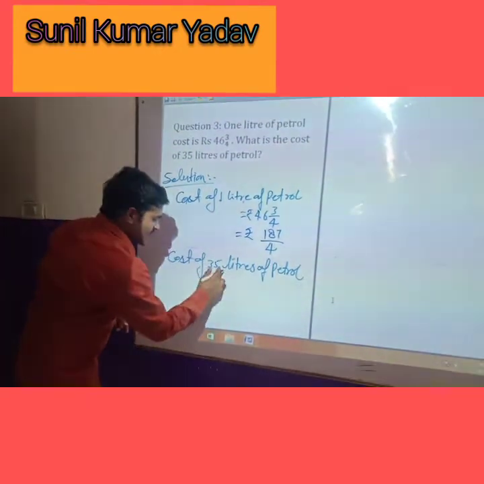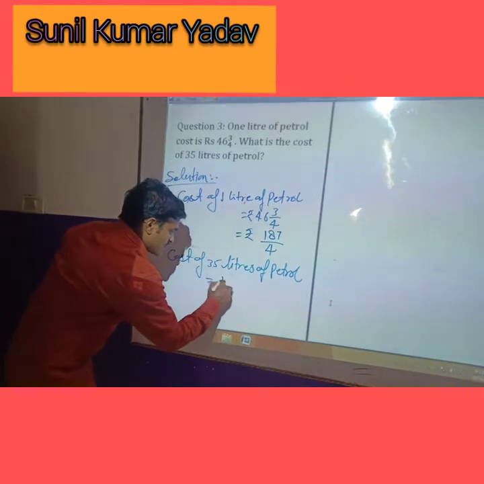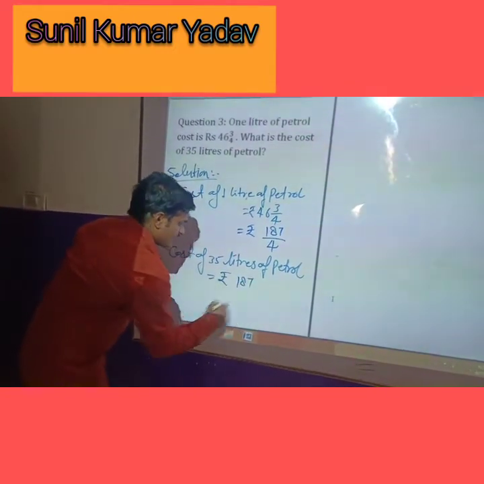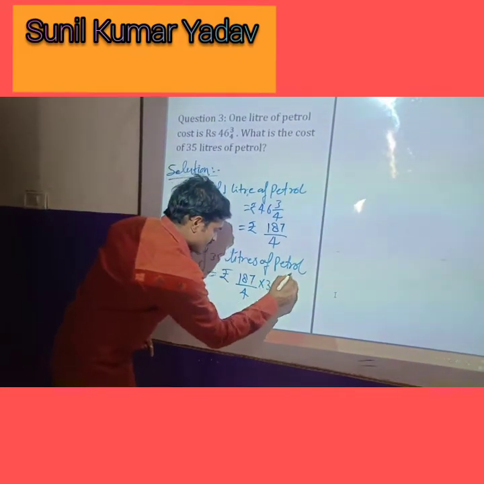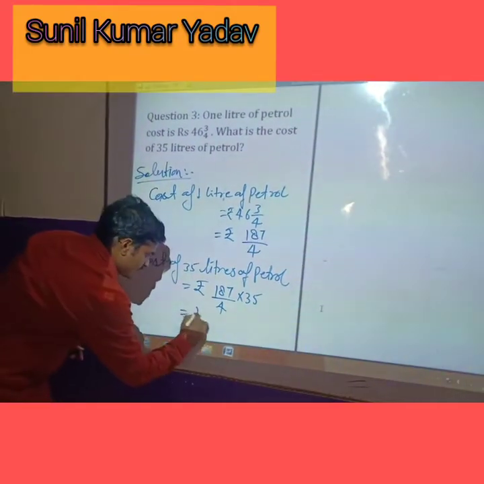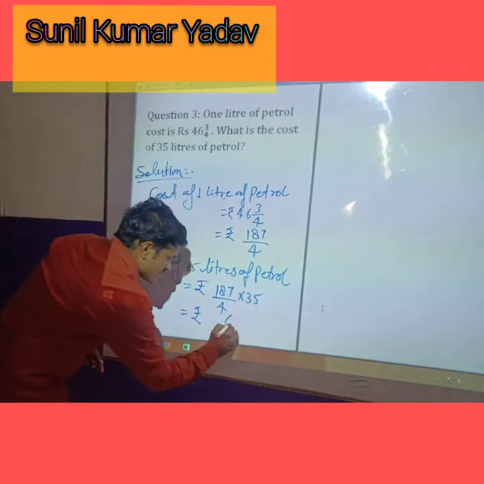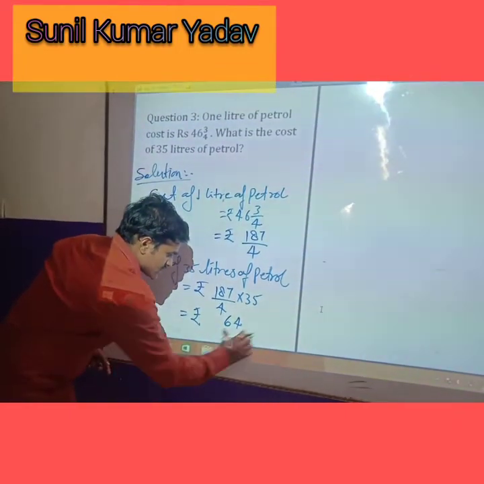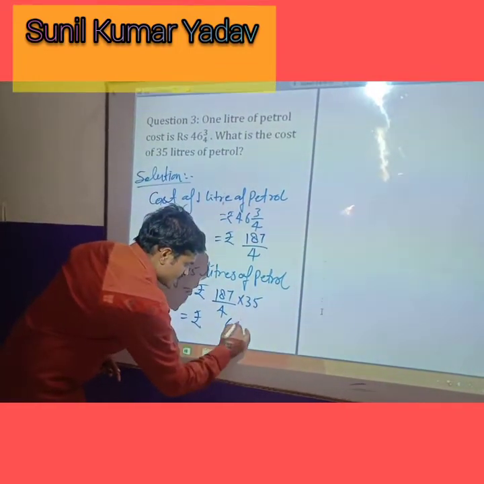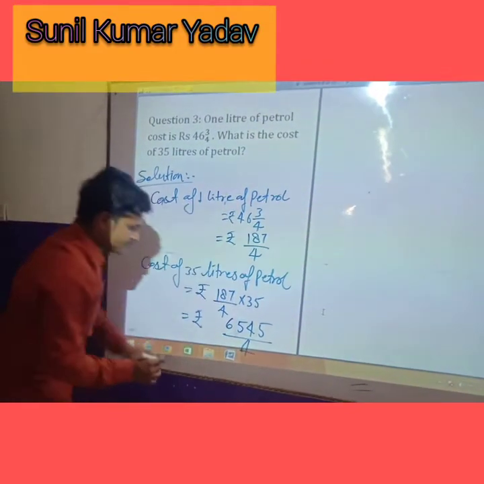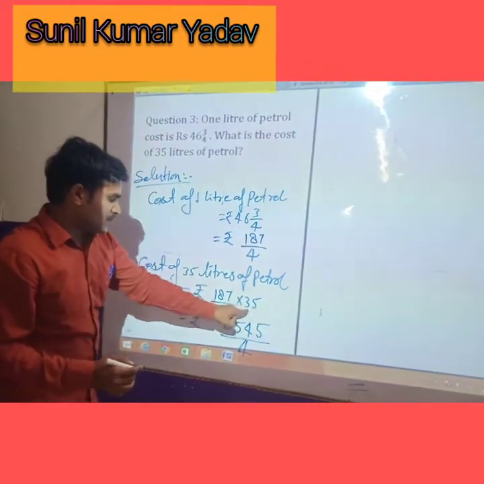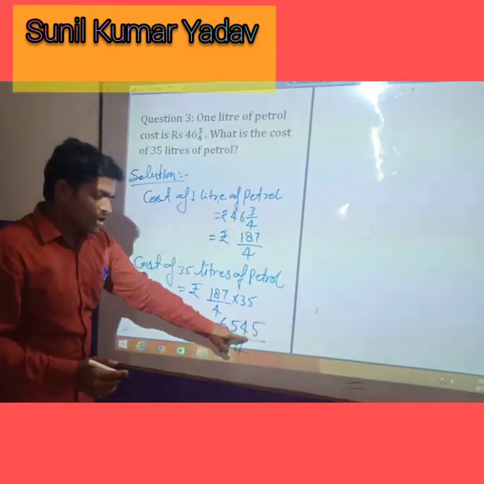So cost of 35 liters of petrol is equal to rupees 187 upon 4 multiplied by 35. So multiply it. What do we get? 6545 upon 4. 187 multiplied by 35, you will get 6545.